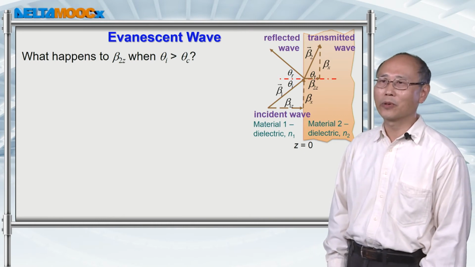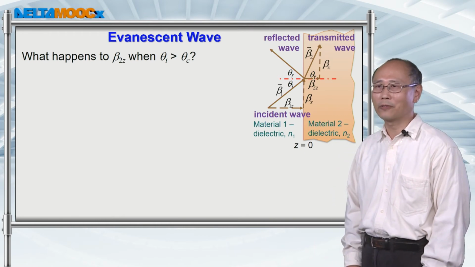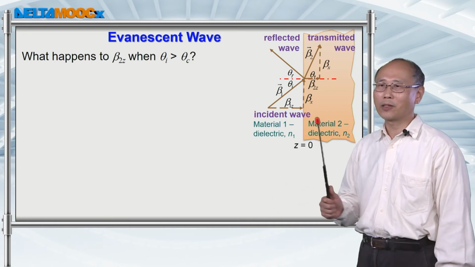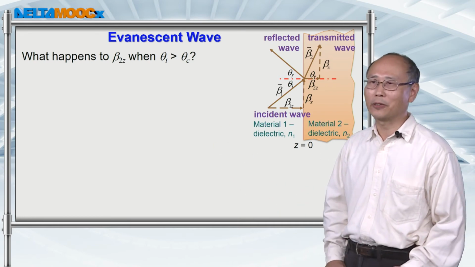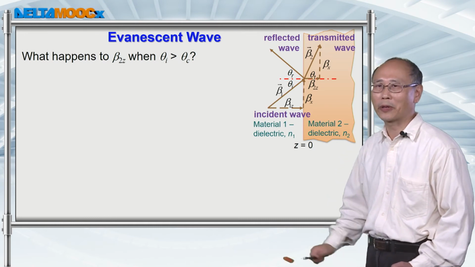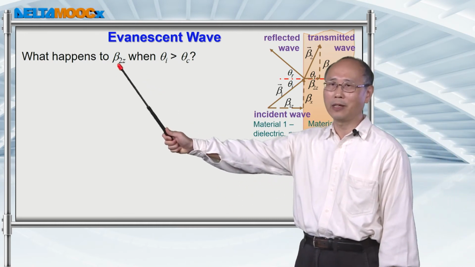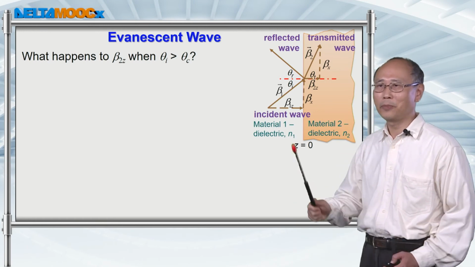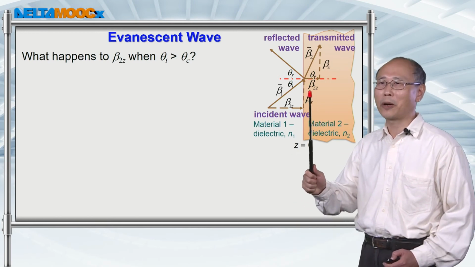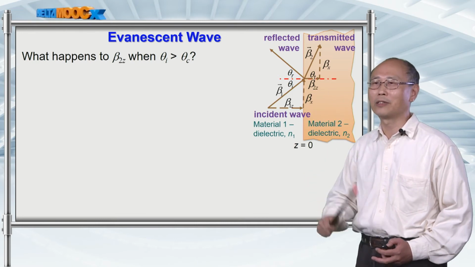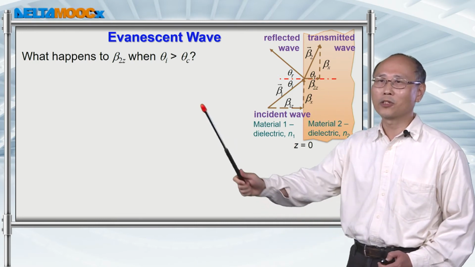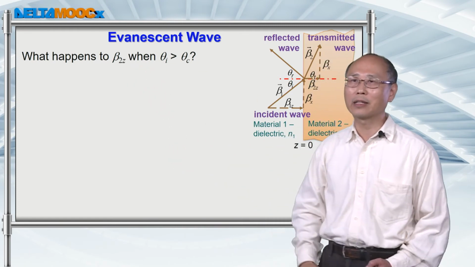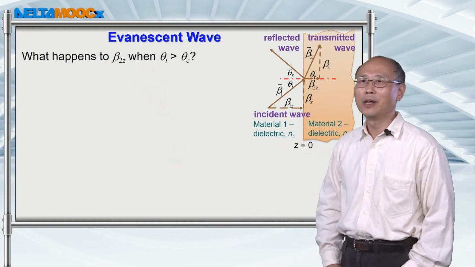But now we want to see this result from the theory of electromagnetics. And to know the propagation in the second material, we have to know the propagation constant beta 2z from this diagram, because beta 2z is the propagation constant along the z direction. And so what happened to this beta 2z when theta i is larger than the critical angle?